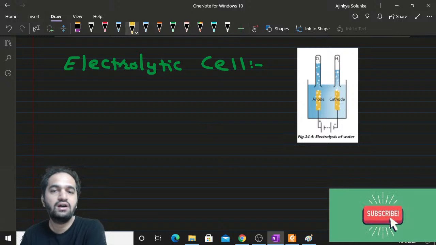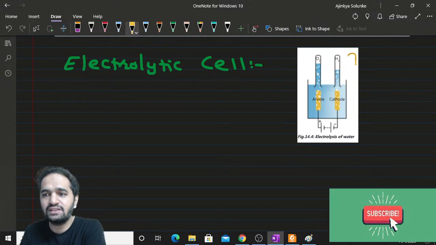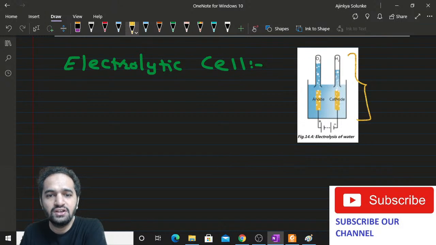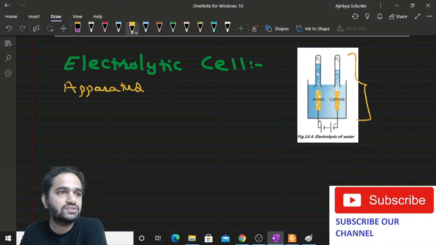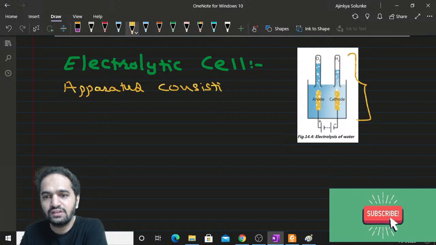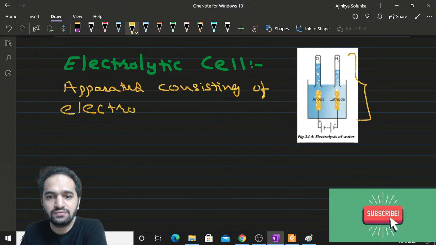So how to define it? Electrolytic cell is nothing but an apparatus. It is the apparatus consisting of electrodes, first of all. Write down electrodes.